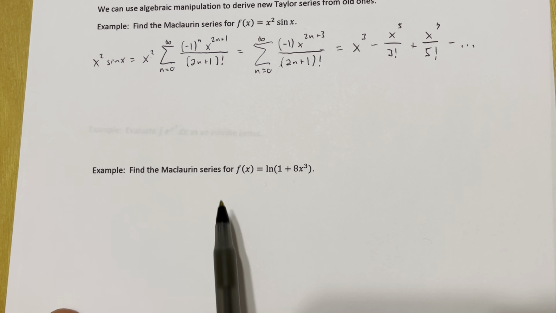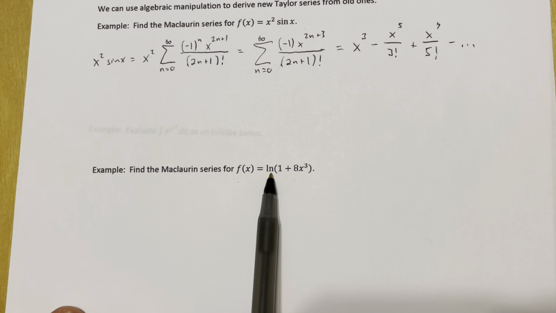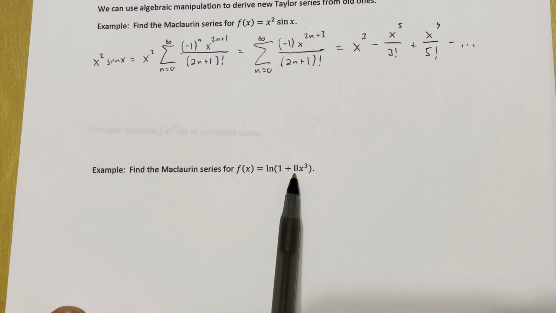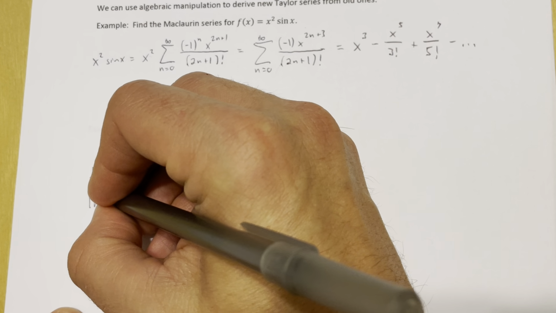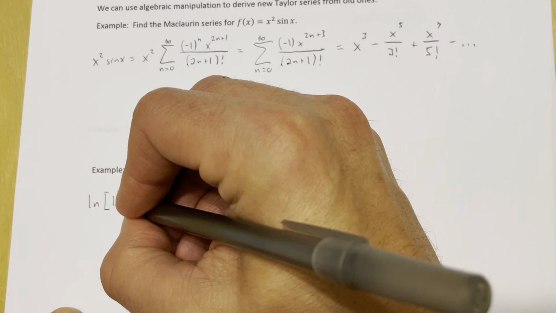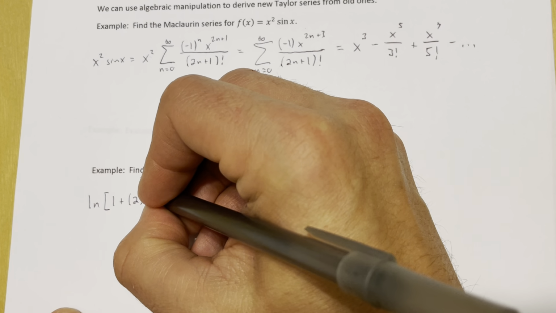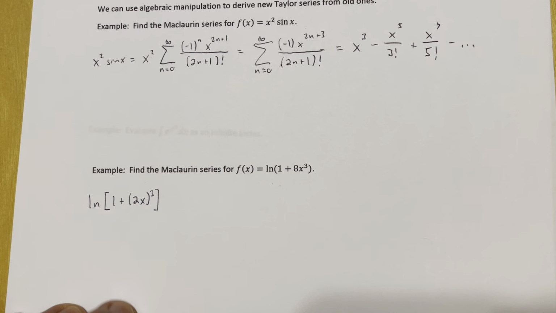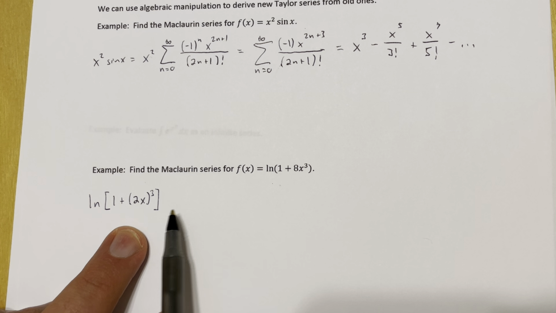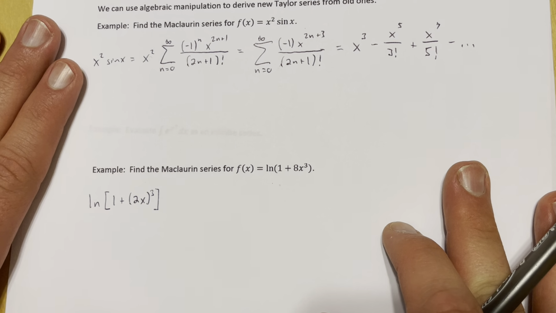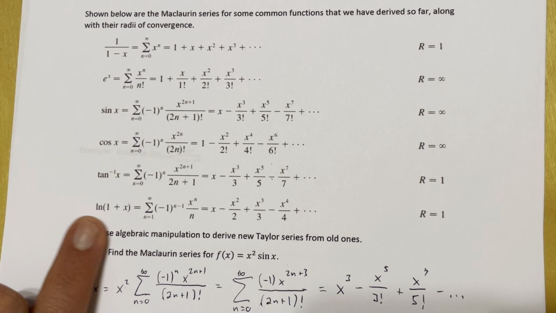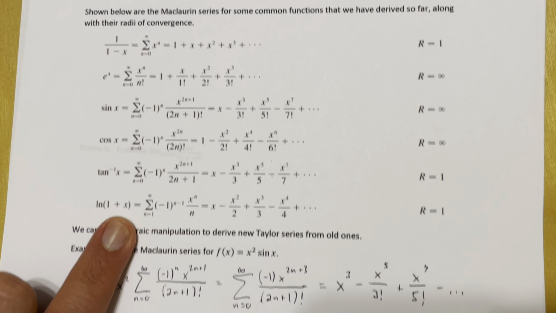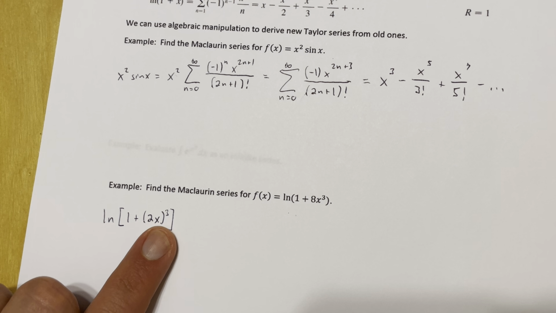Okay? Let's see if we can do that for something similar. So I want to find the Maclaurin series for f of x equals the natural log of 1 plus 8x cubed. Notice that this is the same thing as the natural log of 1 plus 2x quantity cubed. But if I compare this to this function right here, then I'm looking at the natural log of 1 plus x, and I'm substituting this 2x cubed in for it.